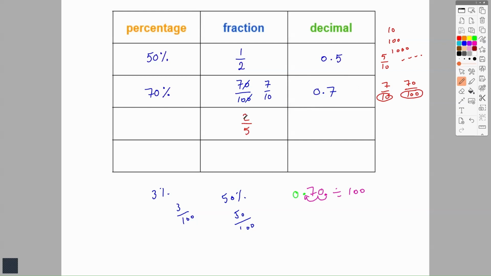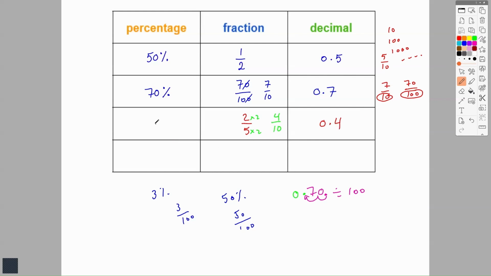So to convert 2/5 to a decimal, let's convert this 5 into a number that is a power of 10. We can simply multiply by 2, and we'll get 4/10. So 4/10 is equivalent to 2/5. And now we have a number that we can easily convert into decimal form, which is 0.4.